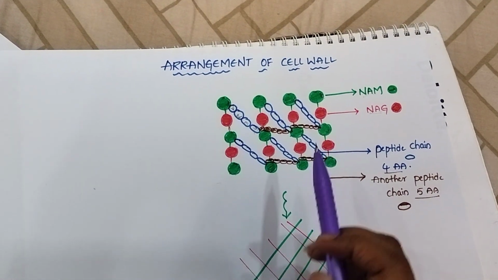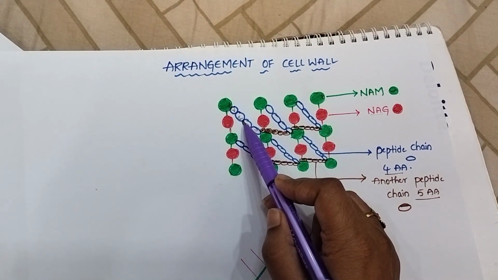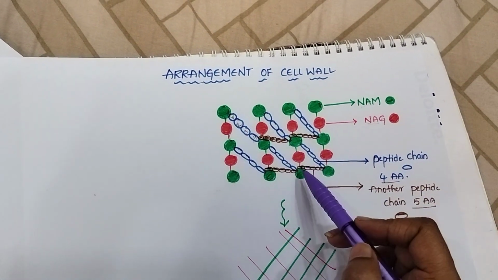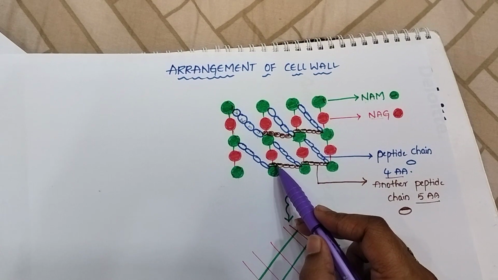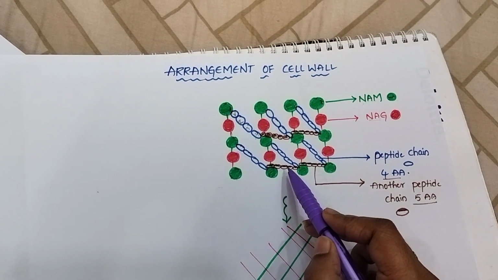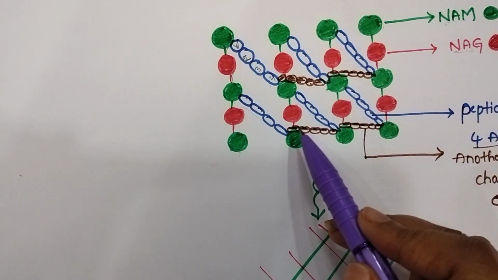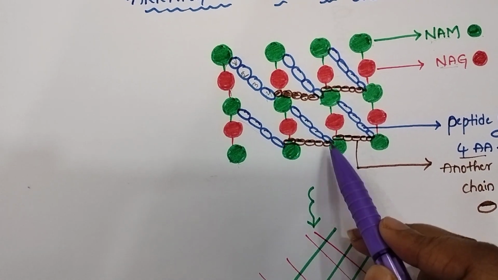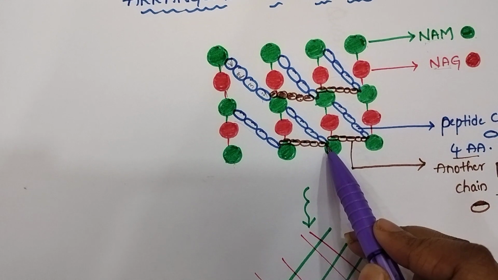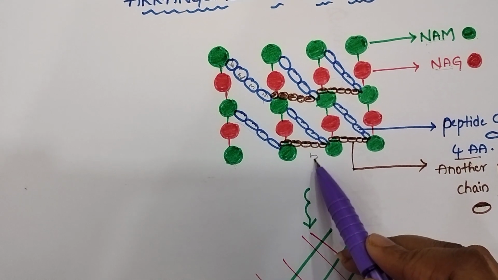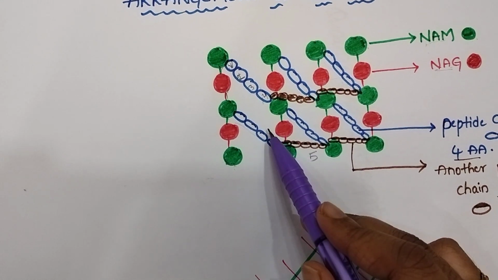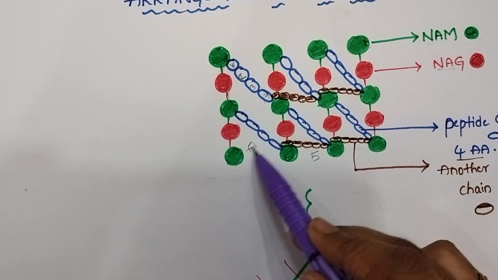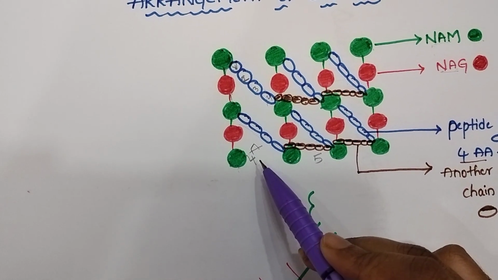This is one type of peptide chain, and there is another type of peptide chain which consists of five amino acids. I have drawn it in brown color: one, two, three, four, five. This brown colored peptide chain consists of five amino acids, and the blue colored peptide chain consists of four amino acids.